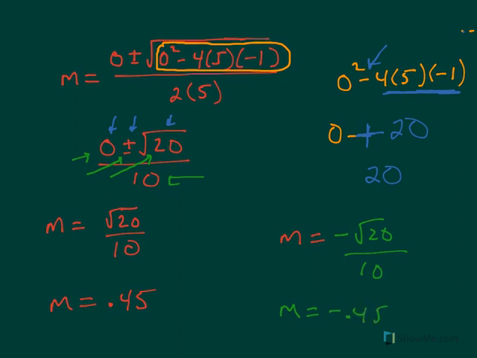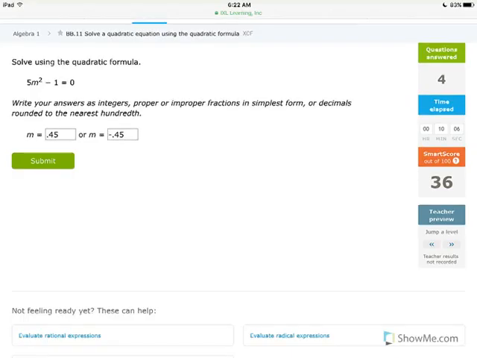So pretty much the same as the other one, just we have that minus, so it's going to be negative 0.45. So there's one solution, and there's the second solution. And then you just want to go ahead and put those into the answer boxes in IXL.com. So there are your two final solutions.